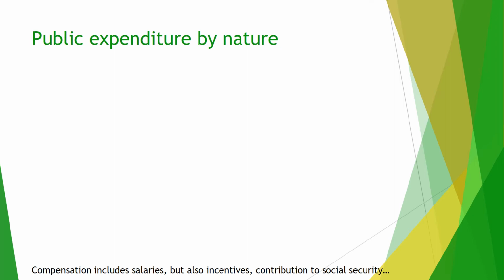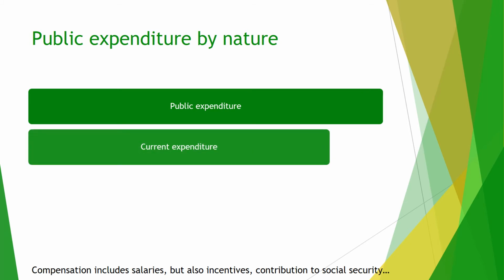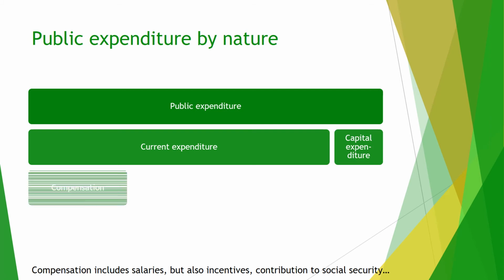When we look at the public expenditure by nature, we go a little bit further. If we consider the total public expenditure that goes for education, we've talked already about the type of expenditure, the current or recurrent expenditure, as opposed to the capital expenditure. And this current expenditure can be of different nature.